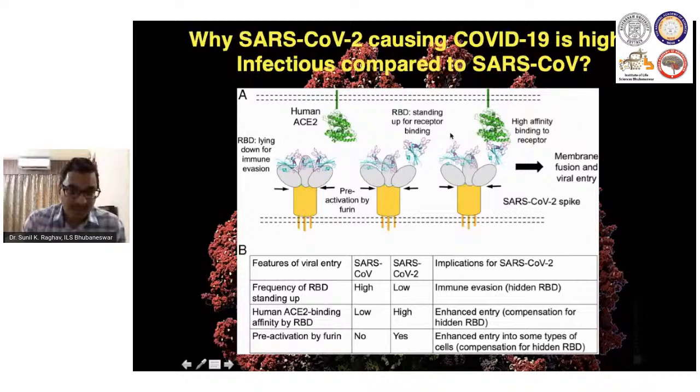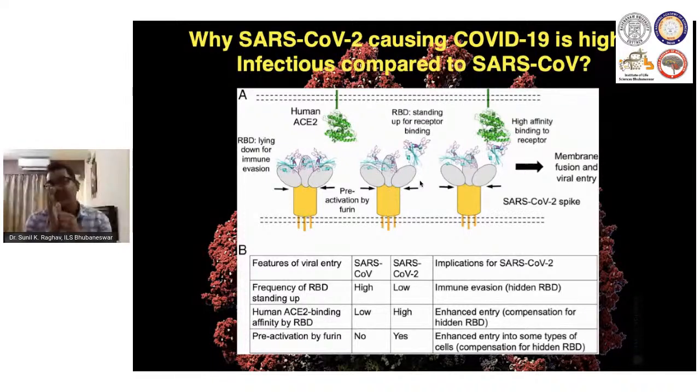So as I told you, this spike protein is basically a trimeric protein that is very important for interaction with the ACE2 receptor that is present on the human cell membrane, or the host cell membrane. This is the ACE2 protein. So what happens in case of SARS-CoV, this receptor binding domain of the spike protein is always in an open configuration like this for binding with the human ACE2.